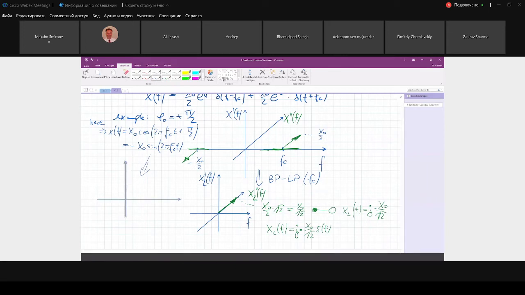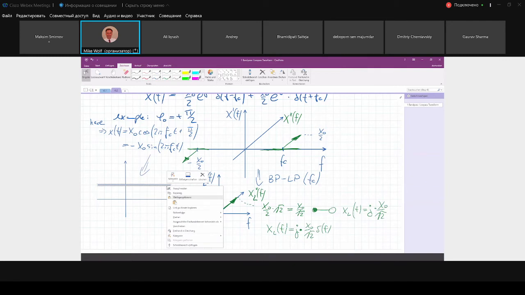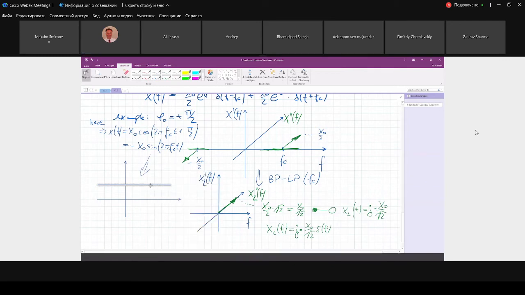I want to draw a minus sine, okay? So t. So this is x of t. Remember, the phase is pi by 2 in this example. Now I draw a minus sine.